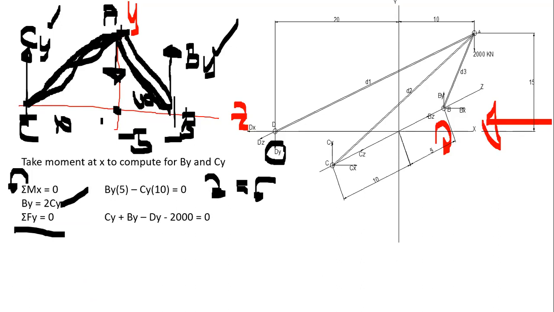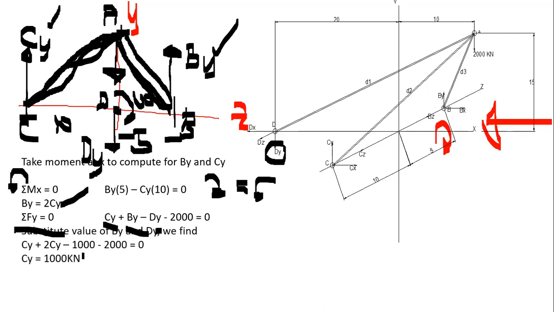Andito yung point D. Okay? But if you're going to take moment here at Z, ito yung D, ano? Pag mag-take moment tayo sa Z, wala namang effect itong force na nandito na. Ano yung force na yan? DY. Pero yung DY na yan, calculated na natin yan in the previous slide. CY, BY, DY. Okay?